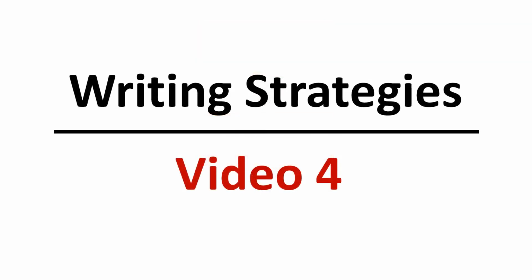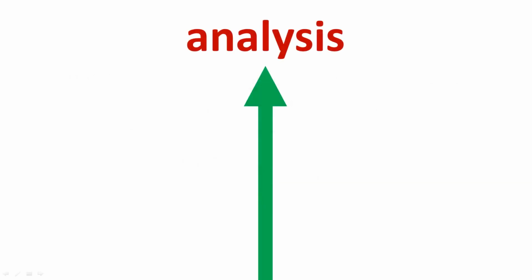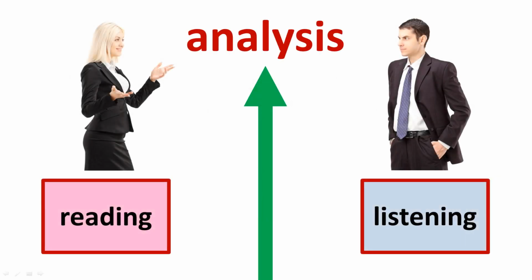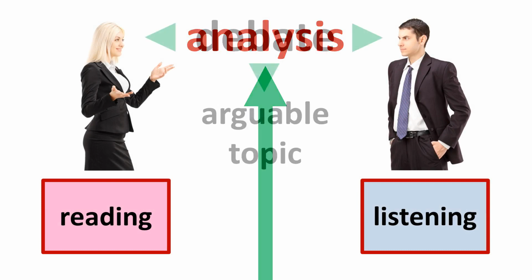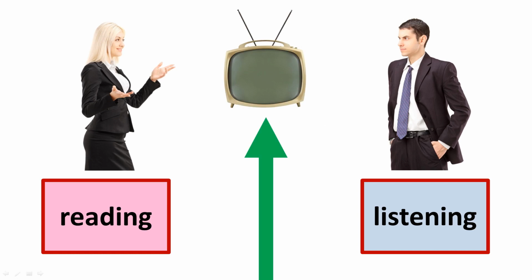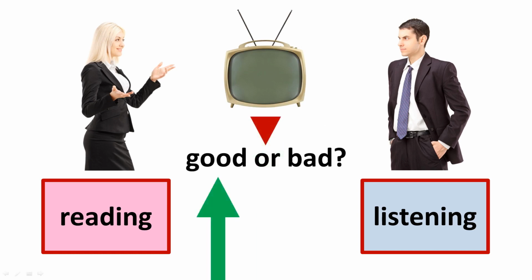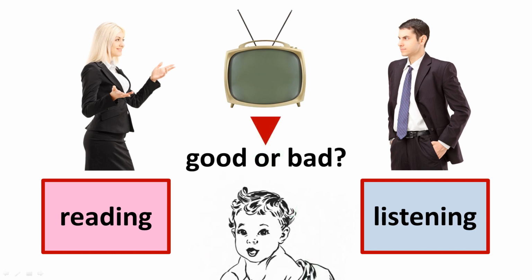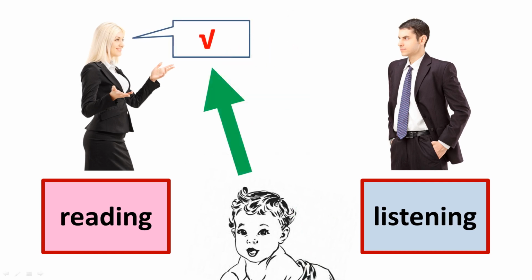Let's begin. We start with an analysis of the reading task and the listening task. The reading and the listening debate an arguable topic. For example, television. Is it good or bad for children? In this example, the reading argues that television is good for children.